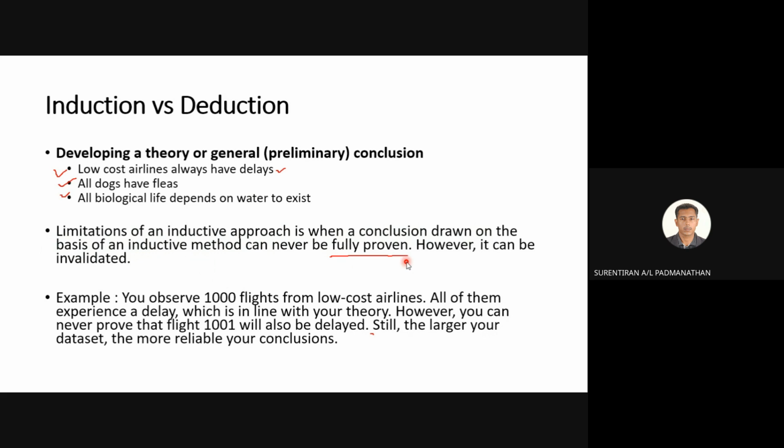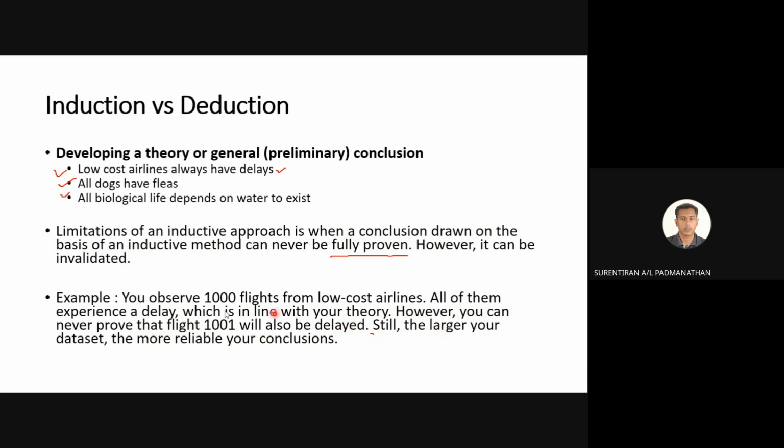However, it can be invalidated as well. So, for example, you observe 1,000 flights from low-cost airlines. All of them experience a delay, which is in line with your theory. However, you can never prove that the next flight will also have a delay, right?